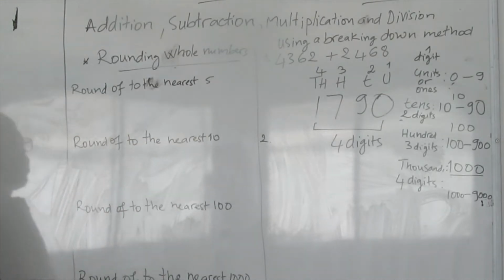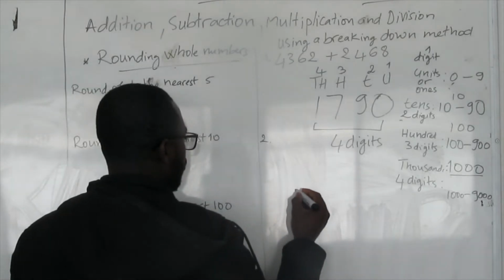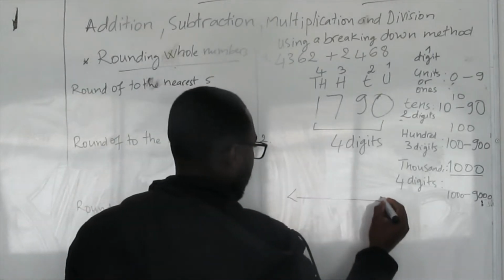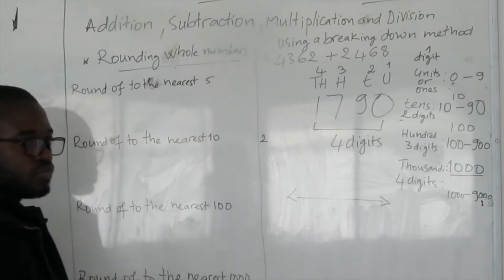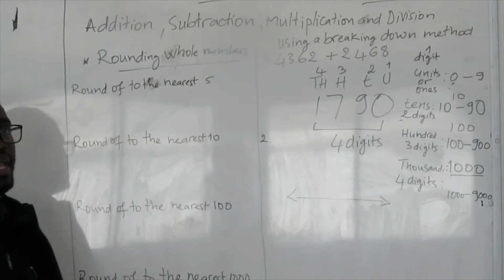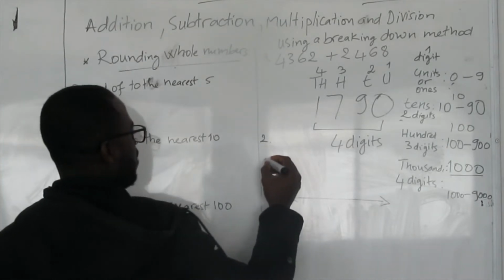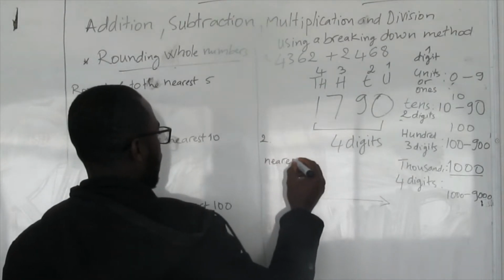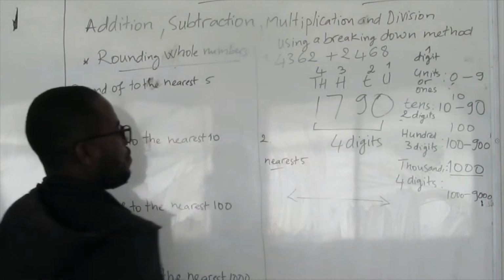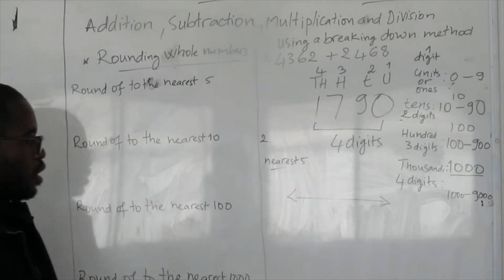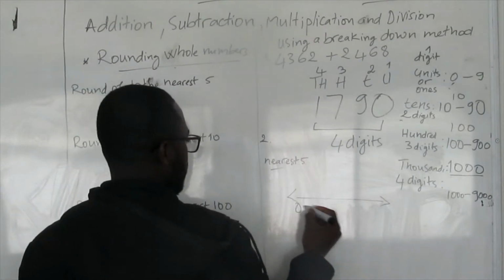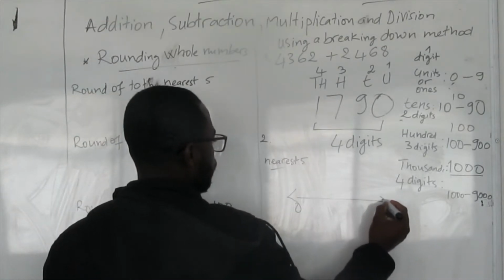Now, we said again, we have to use the number line. We have a number line to the nearest 5. To the nearest 5, we start here from 0 to 5.